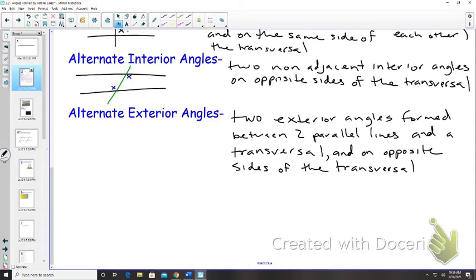For example, parallel lines, transversal, alternate exterior. Okay, those are the same.